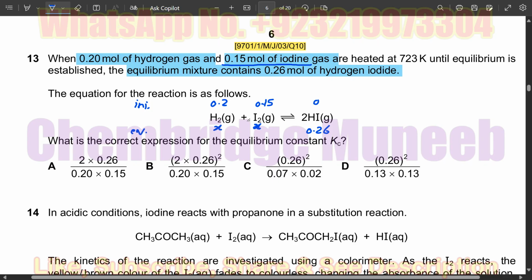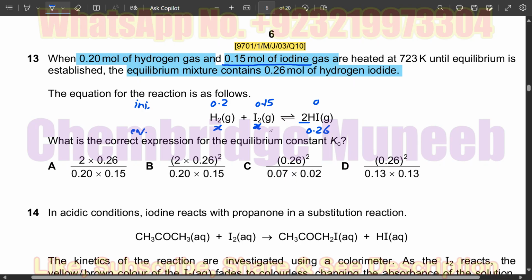So to find the equilibrium amounts of hydrogen and iodine, we need to do some calculation. According to this equilibrium reaction, there are 2 moles of hydrogen iodide, 1 mole of hydrogen and 1 mole of I2.